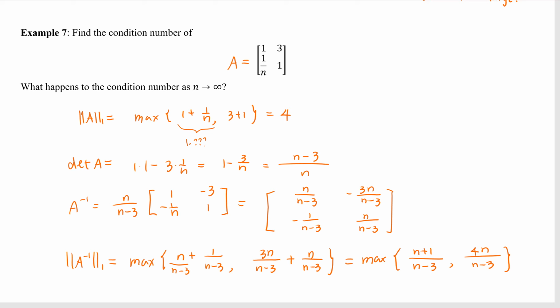Remember, for a polynomial, when n goes to infinity, you just look at the dominant terms. The dominant term here is like n over n, so this goes to 1, right? And the dominant term here is 4n over n, so it goes to 4 when n goes to infinity. So that's why this one is larger. So the answer is 4n over n minus 3. Is that okay, everybody?